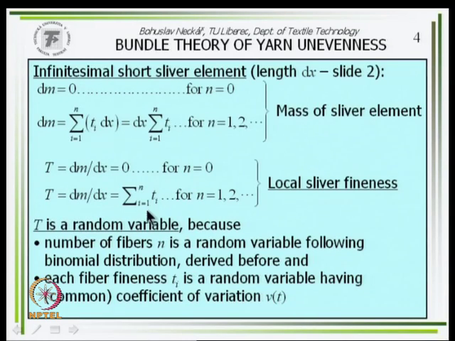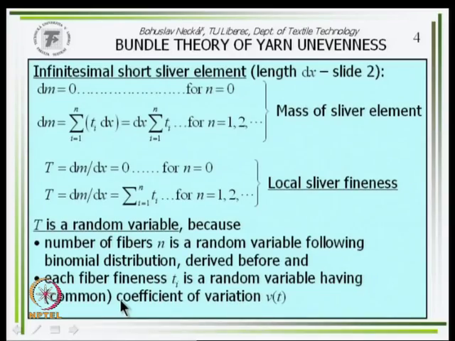So the n in the sum from 1 to n is a random quantity. And second, each fiber fineness: when we have more such differential layers, the fibers in different elemental dx lengths have some distribution.